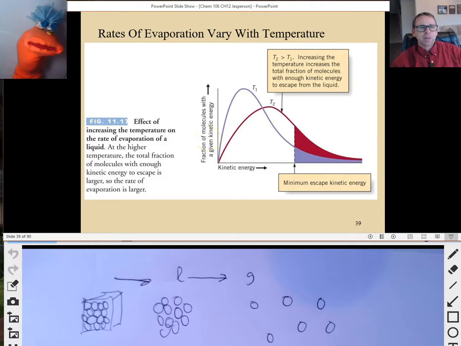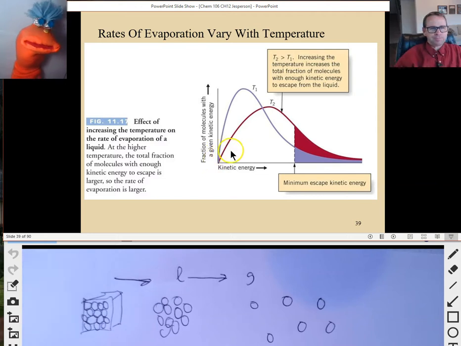All right. Now, just a reminder, the relationship between temperature and the boiling point, right? This minimum escape kinetic energy, for example, is the energy necessary to convert the molecules from liquid to gas. And if you raise the temperature of a system, what you do is you shift more of the molecules towards the evaporative zone.